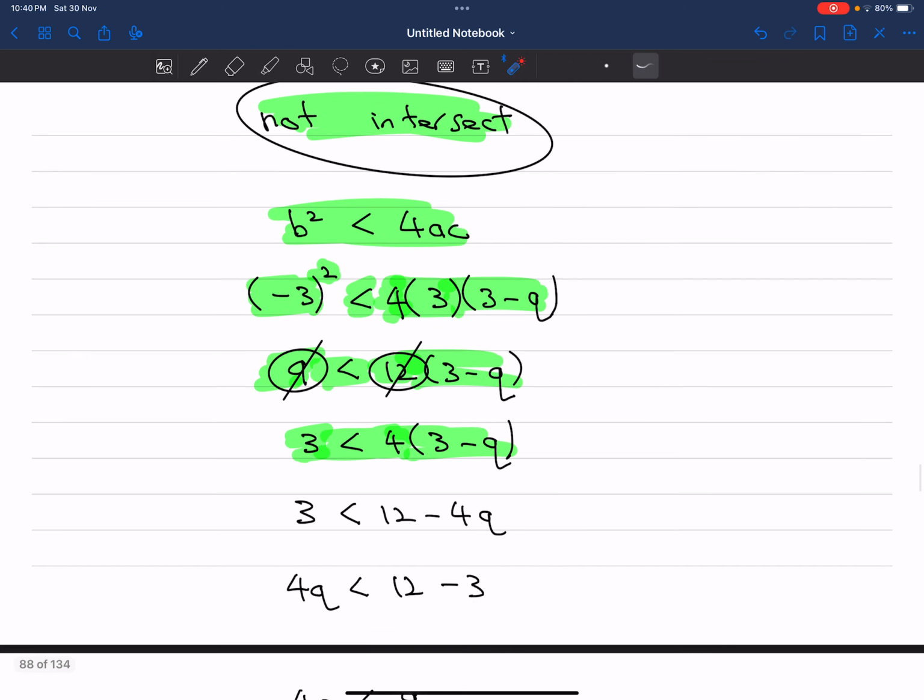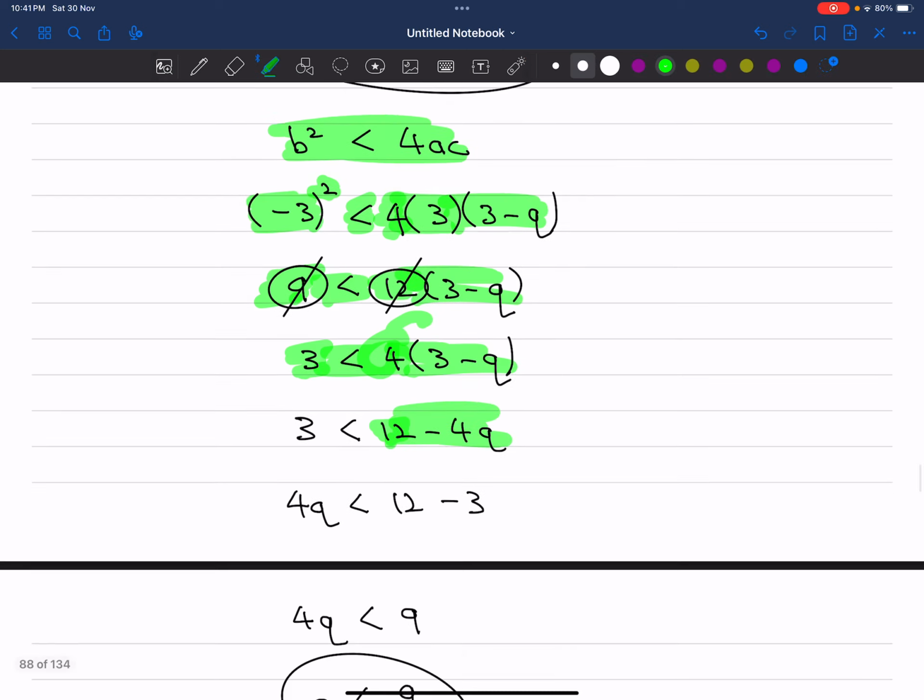Now, on the right hand side, expand. 4 times 3 is 12. 4 times minus q is minus 4q.